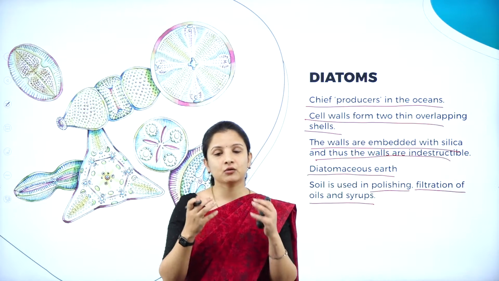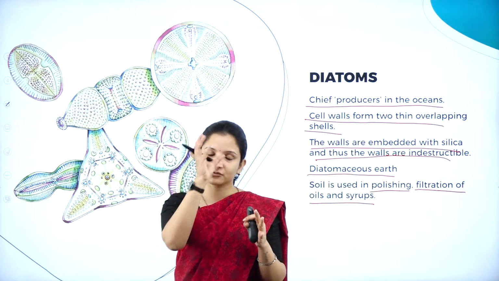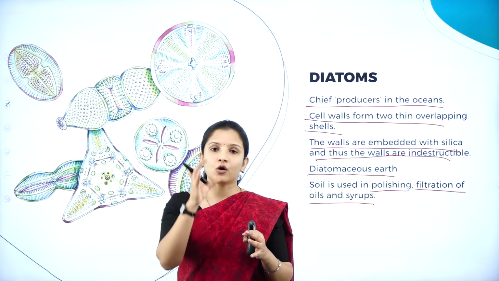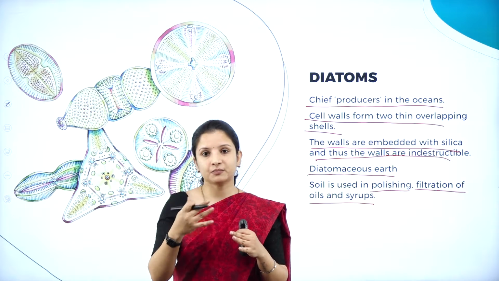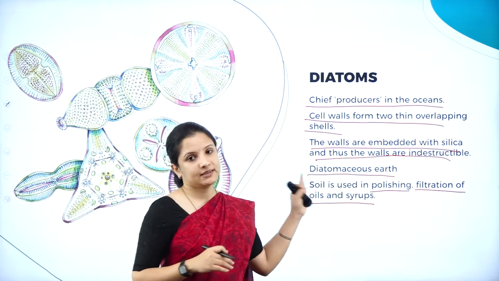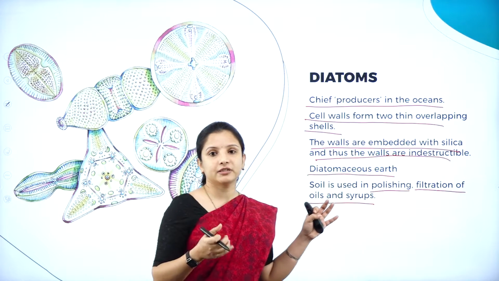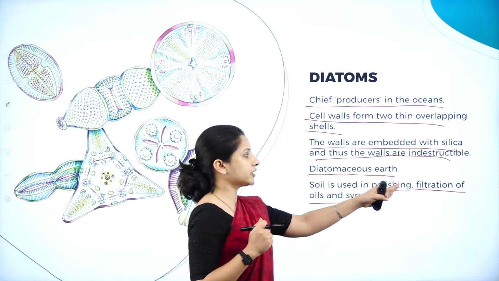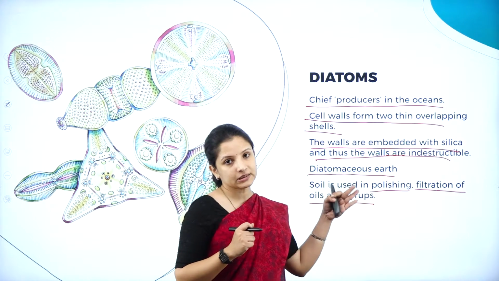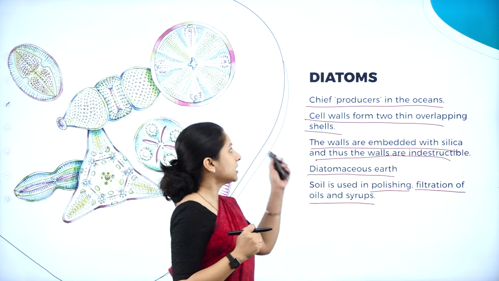You might have seen filters at home, there is a candle present, which filters the waste matter. That is made up of silica, because it has the capability to filter debris and waste material. Therefore, it can be used for filtration of oils and syrups. So this is about the diatoms.